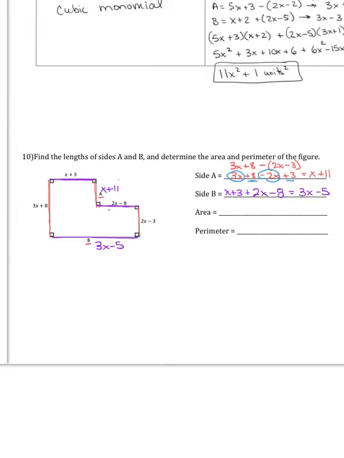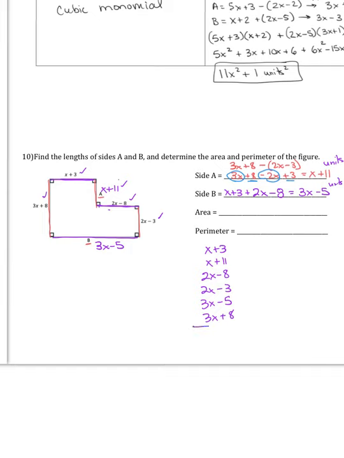Okay, so in finding our perimeter, and these would both be units, I should say. In finding our perimeter, we're going to add together all the sides, so x plus 3, x plus 11, 2x minus 8, 2x minus 3, 3x minus 5, and 3x plus 8.